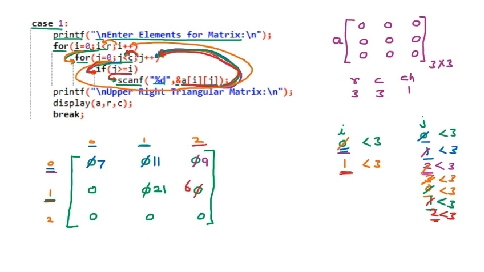Now again going back, j++, j is 3. Checking the condition, 3 less than 3, false. The loop is false, so it will go back. This inner for loop is over and it is going back to the outer for loop, and in the outer for loop i++. So i is incremented to 2.